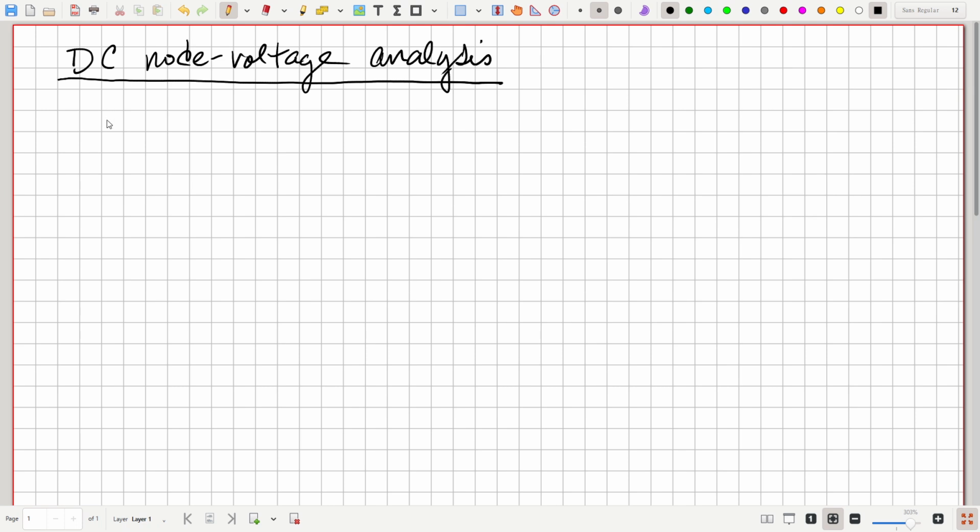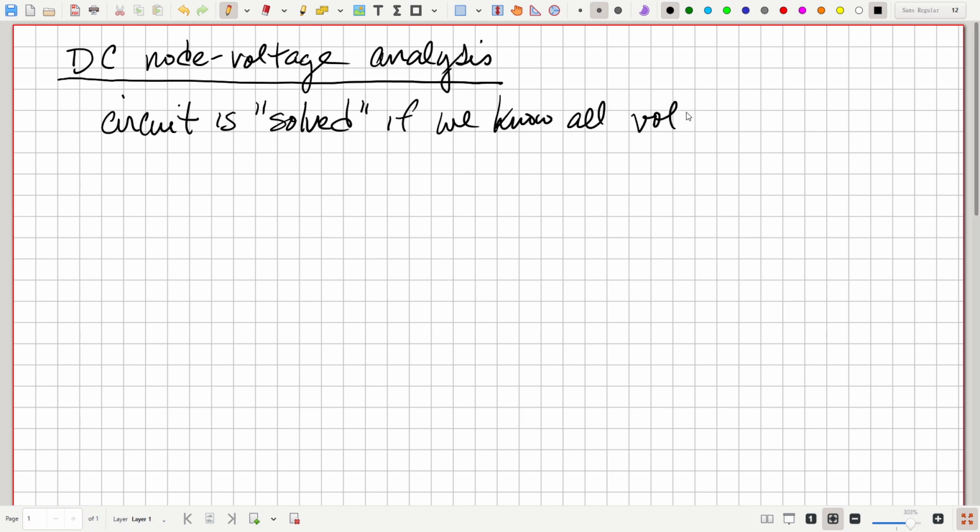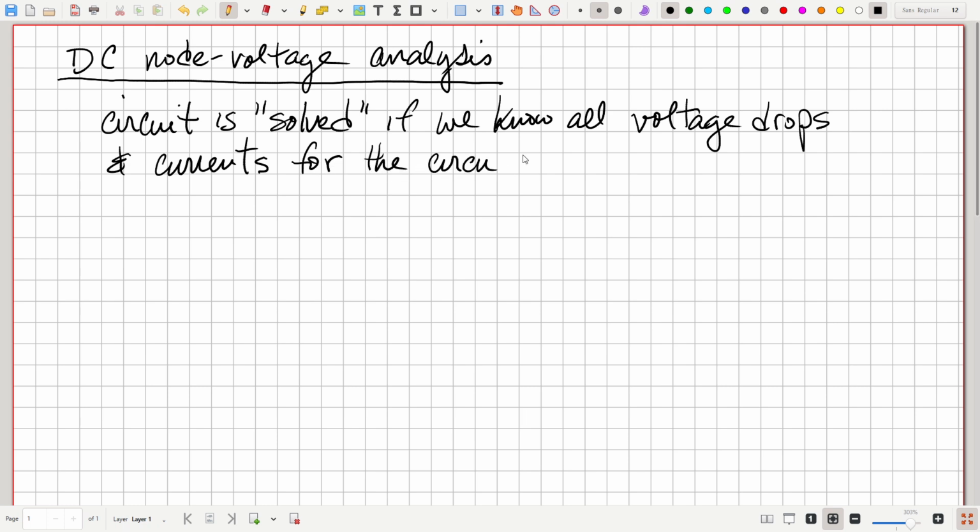So we will say a circuit is, quote, solved if we know all voltage drops and currents for the circuit components, or devices, or whatever, let's call them devices.